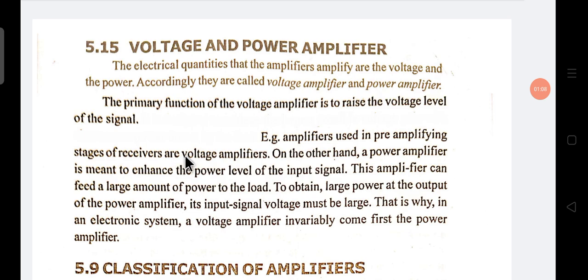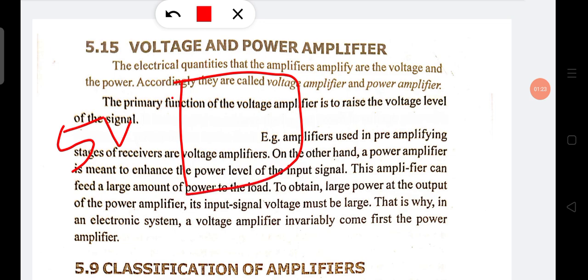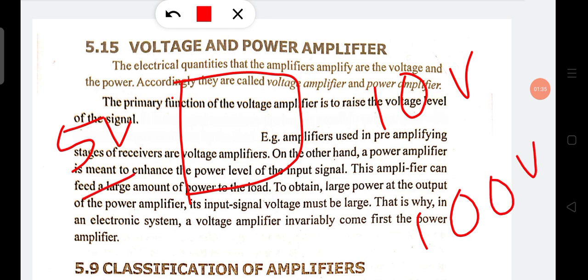If we amplify one signal, let's say 5 volt, we use an amplifier. After the amplifier we get 10 volt, but we want 100 volt from 5 volt.